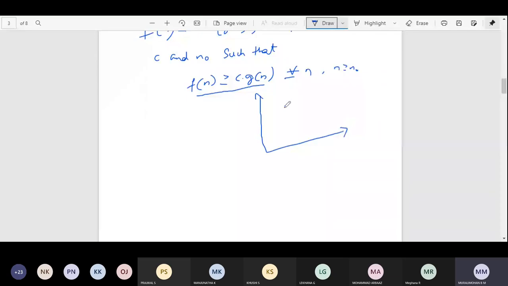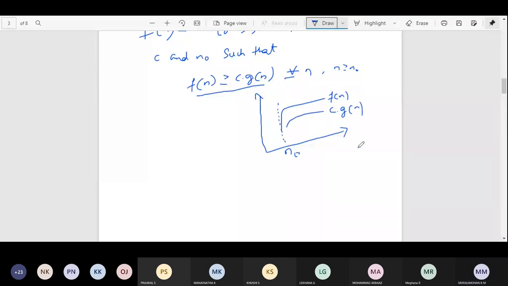We can take a positive constant n naught. So what does it say? f of n is greater than c into g of n.